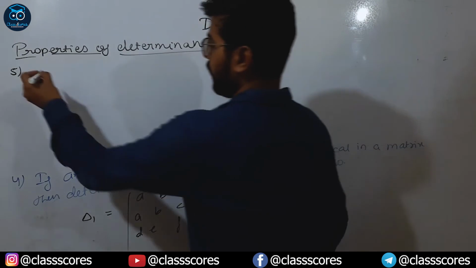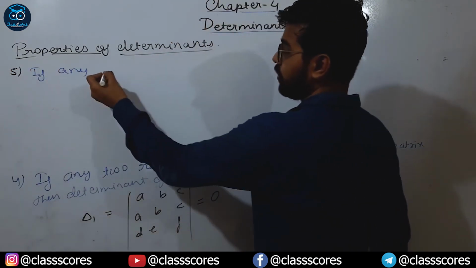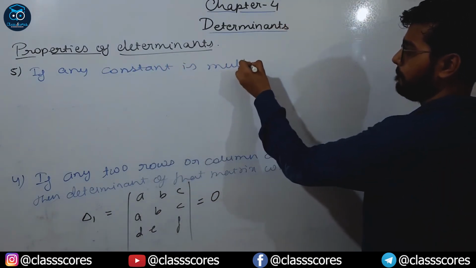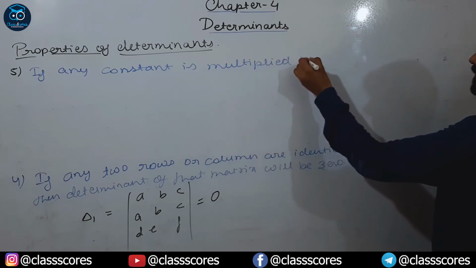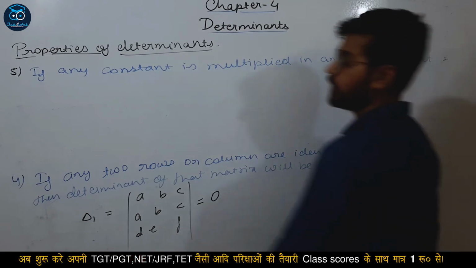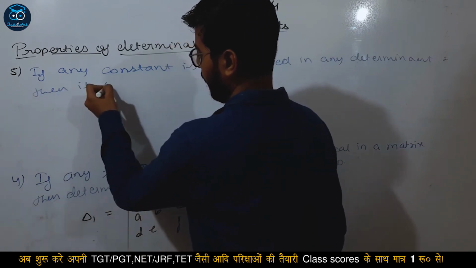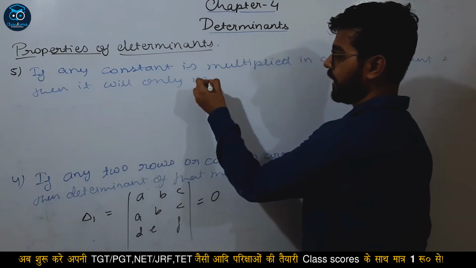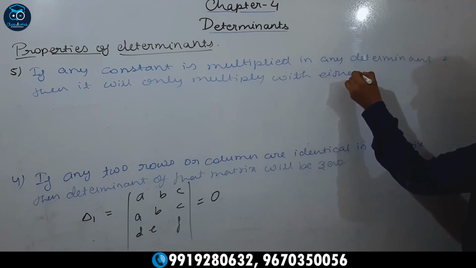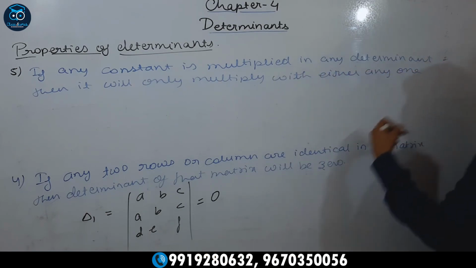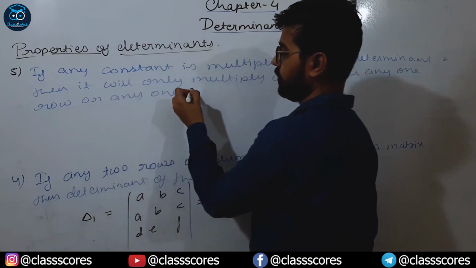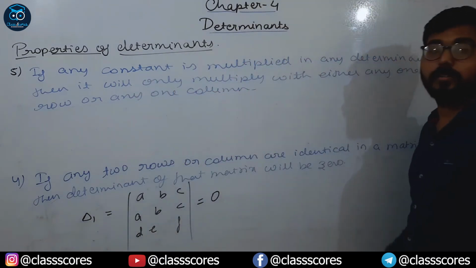Property number 5 is, if any constant is multiplied in any determinant, then it will only multiply with either any one row or any one column. Let's take an example.